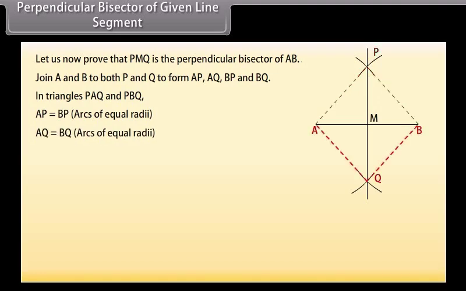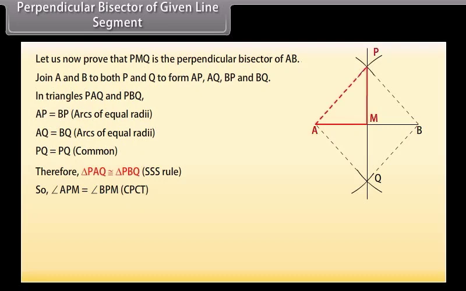AQ is equal to BQ because these are also the arcs of equal radii. PQ is equal to PQ, common. Therefore, by SSS congruence rule, triangle PAQ is congruent to triangle PBQ. So, angle APM is equal to angle BPM by CPCT.